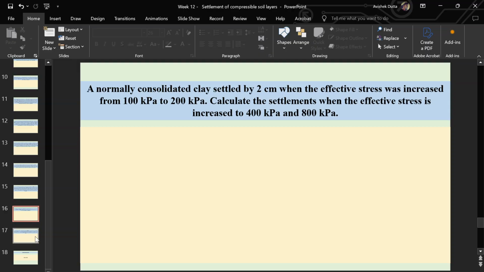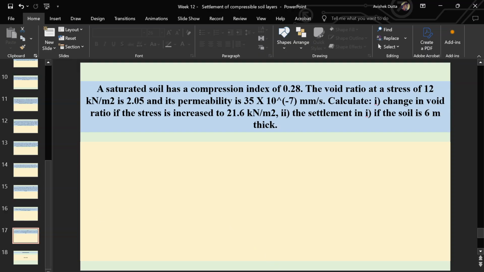Next question. A saturated soil has a compression index of 0.28. The void ratio at a stress of 12 kilonewton per meter square is 2.05 and its permeability is 35 into 10 to the power minus 7 millimeter per second. Calculate number 1, the change in void ratio if the stress is increased to 21.6 kilonewton per meter square. Number 2, the settlement in 1 if the soil is 6 meter thick.